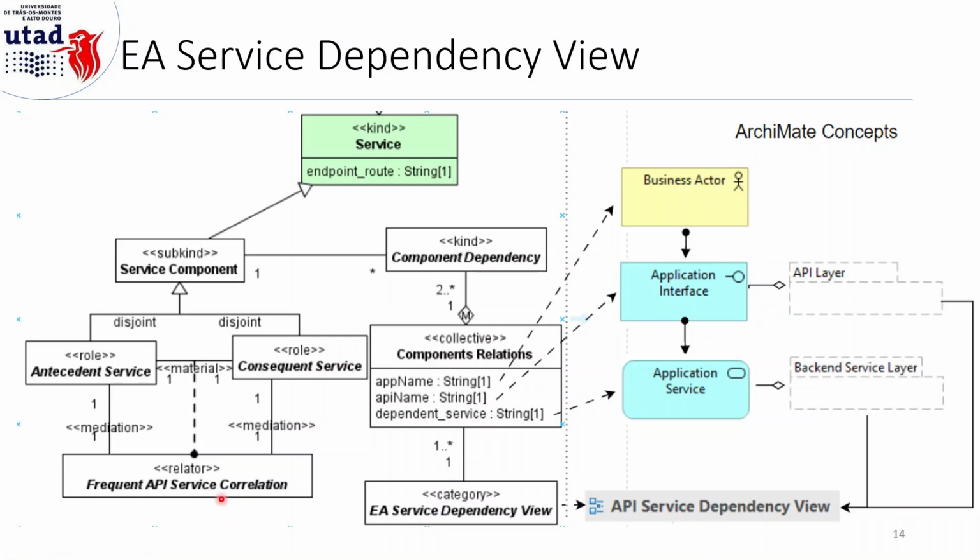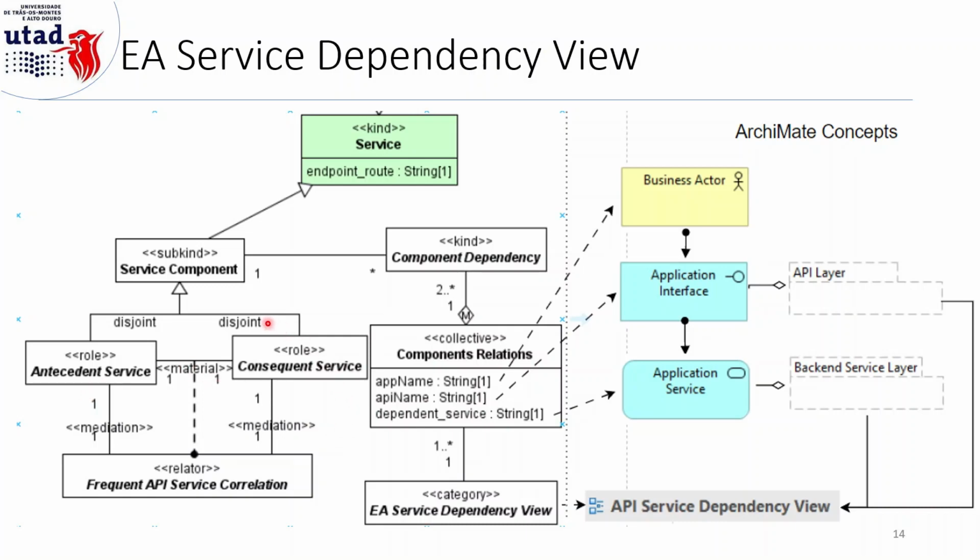For that, the frequent API service correlation represents the data mining technique applied to identify frequent associations between APIs exposed in the API gateway and APIs provided by backend applications. It correlates two service components, identifying those that play the role of the antecedent service that frequently calls a consequent service.